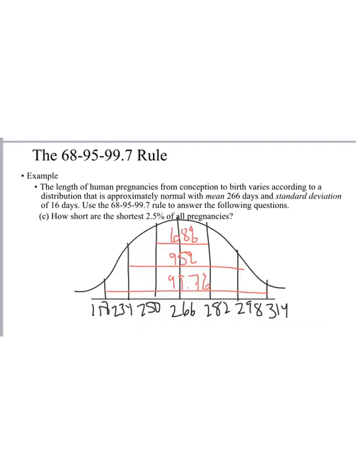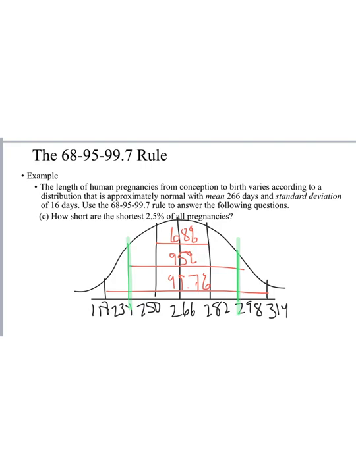In this next question, we want to know how short are the shortest 2.5% of all pregnancies. This one is a little bit more complex. Now, we know that the middle 95% is here. So I have to ask myself, what percent is left over? For these two halves, together that has to be 5.